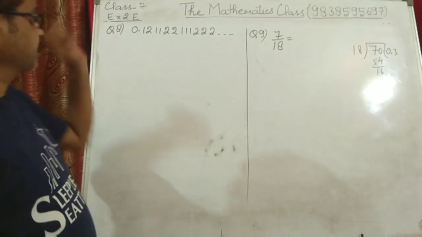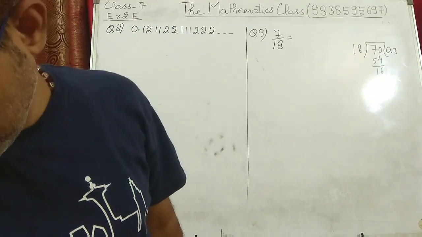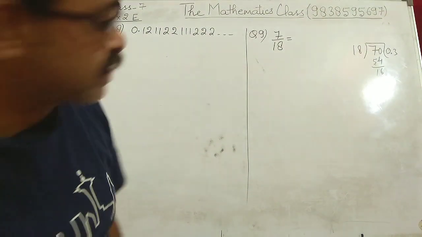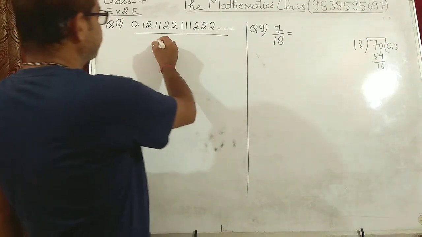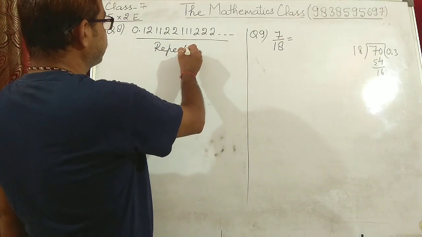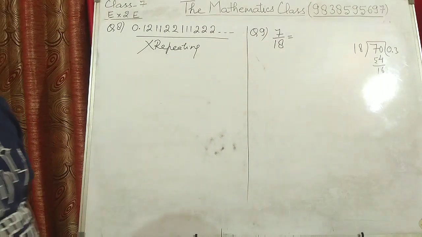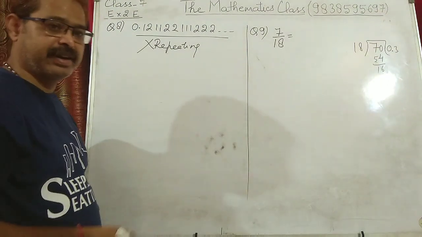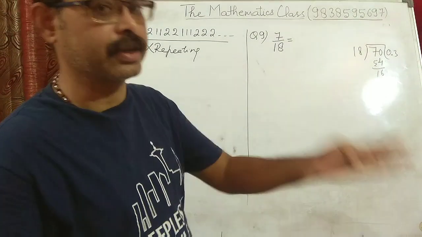That question is question number 8. The question reads, look at the decimal. If the pattern continues, is it a repeating decimal? In one go you can say, if you look at this, it is repeating. But in fact this is not repeating. Why? Because in repeating decimals, the number should repeat after fixed intervals.